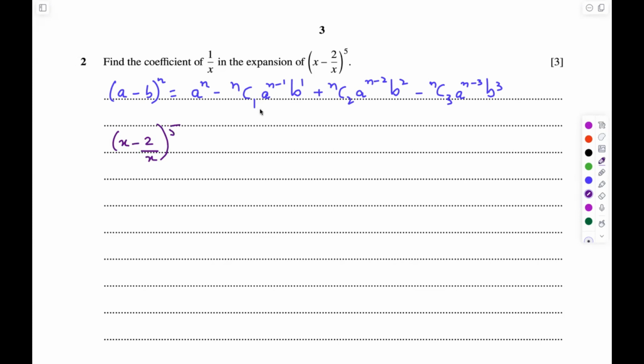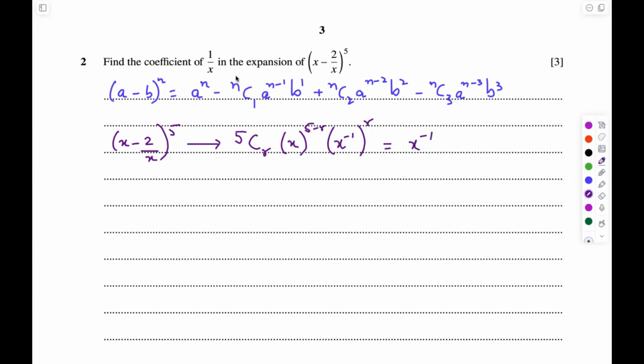We do not know which value to take, 5C1, 5C2, or 5C3. So we can write this as 5Cr. A is x, so this will become x to the power 5 minus r, and in b, the power of x is minus 1. So this will be (minus 1) to the power r. And we need it as 1 upon x, or x to the power minus 1.